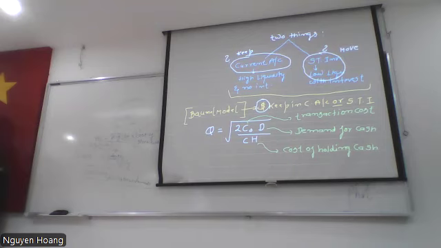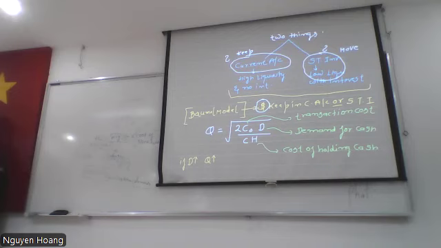So remember, if your D is high, your Q would be high. I repeat, if D is high, your Q would be high. So if demand is high, you have to keep a high quantity of money.